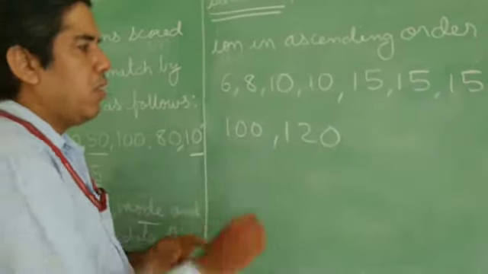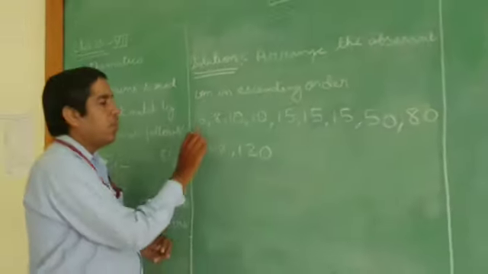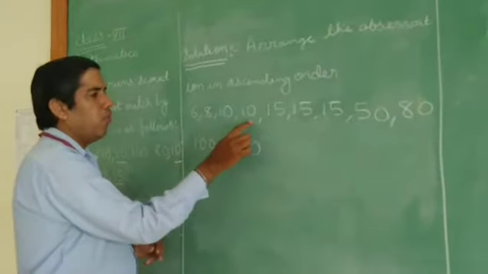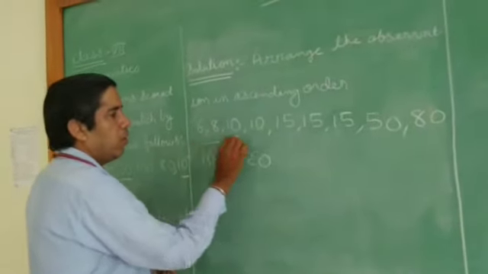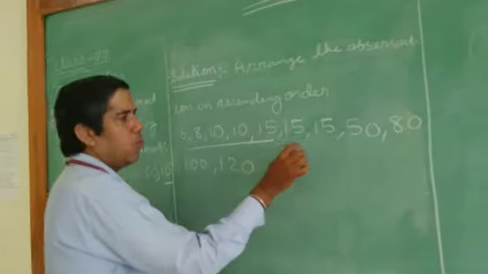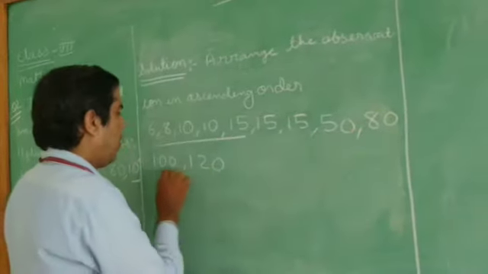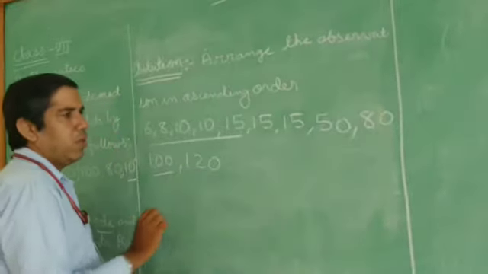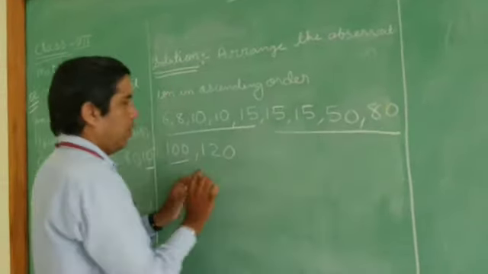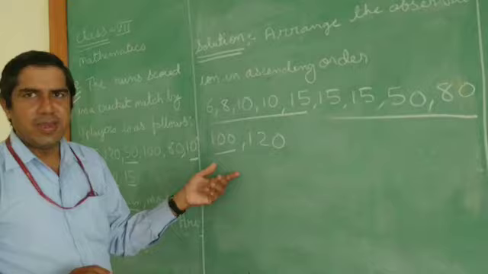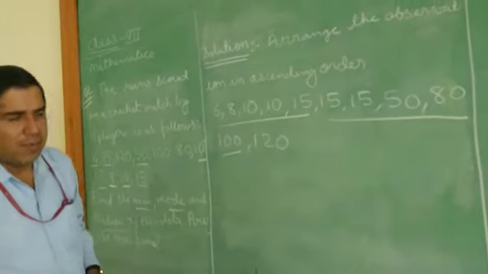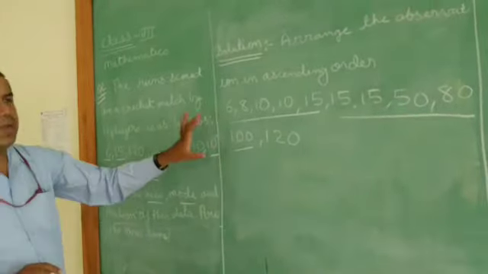Now let us count the numbers. No entry should be missing. 1, 2, 3, 4, 5. It is a group of 5. Again we make a group of 5. 1, 2, 3, 4, 5. And plus 1, so it is 11. 5 plus 5, 10, 10 plus 1, 11. So 11 are there. So no entry is missing.